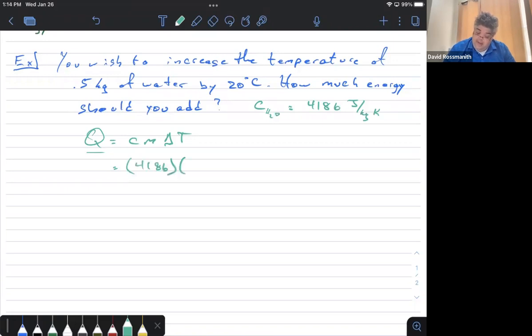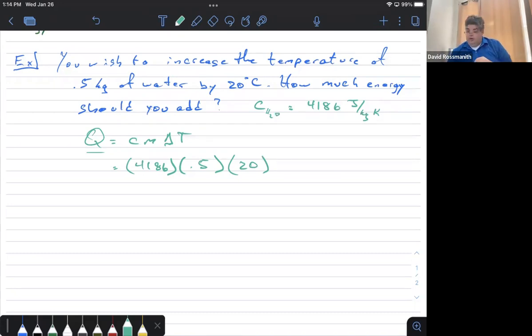How much water do we have? Half a kilogram, 0.5. Delta T is final minus initial, but I know the change already is going to be 20. And it's positive 20, by the way, because I'm increasing the temperature. If I were trying to decrease the temperature, then this would be a negative change in temperature.